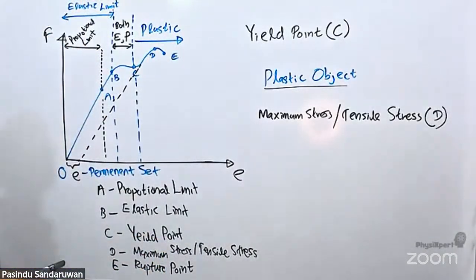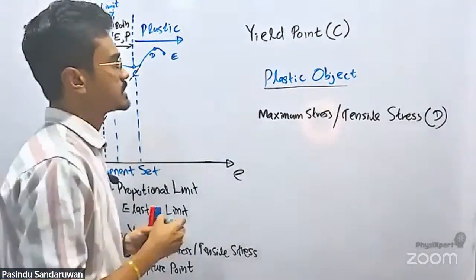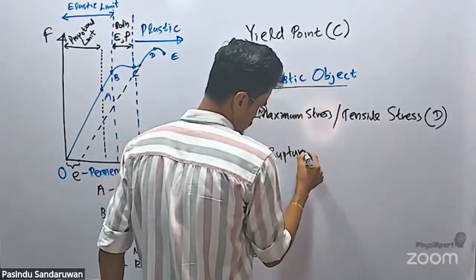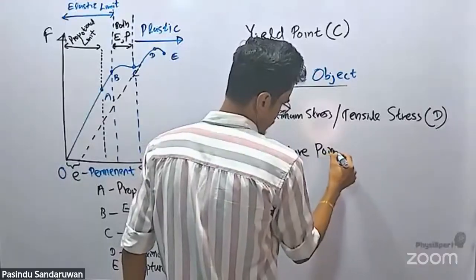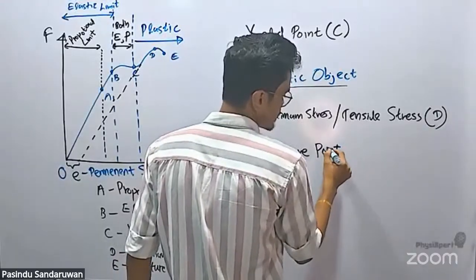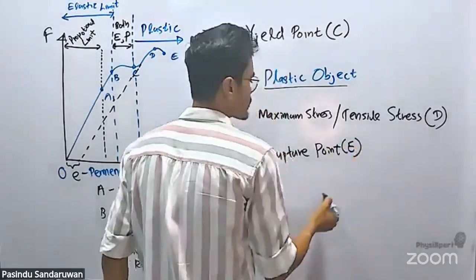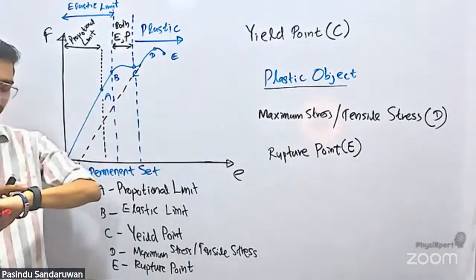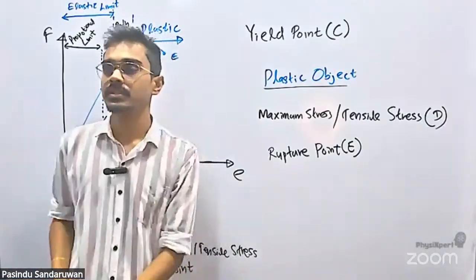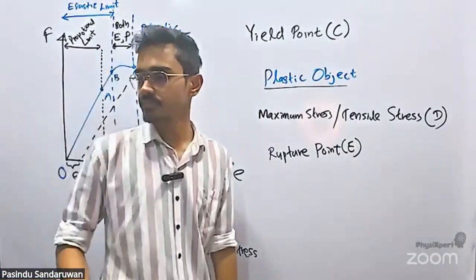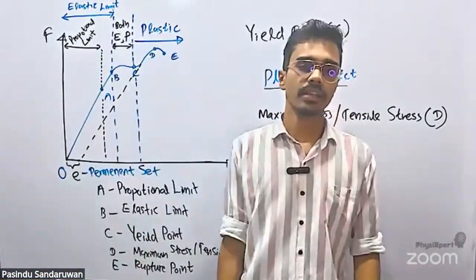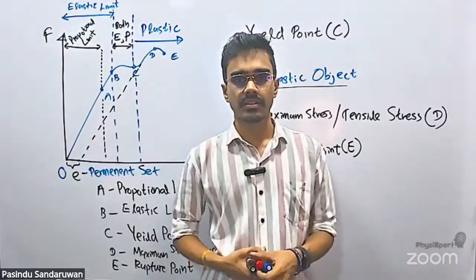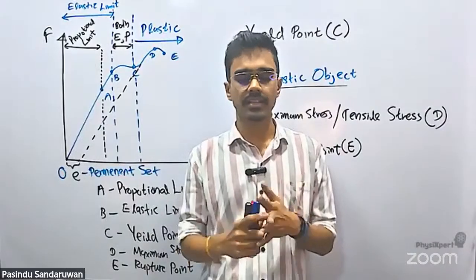Right. Next one, rupture point, E. So what is rupturing? Rupture means rupture, fracture, break, everything is the same.